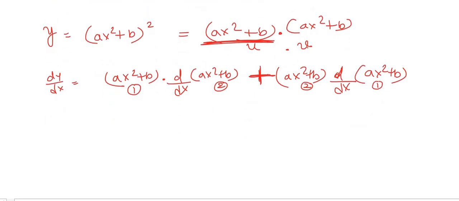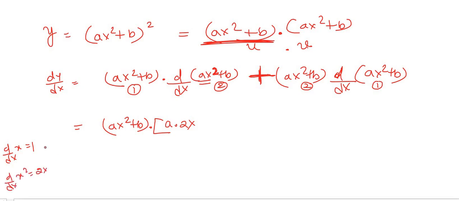So let's differentiate it. It will be (ax square plus b) into, what will be the derivative of ax square? So a as it is, correct? What is the derivative of x square? 2x. Always remember d by dx of x is always 1 and d by dx of x square is 2x. This will be very handy, so it's better to memorize that the derivative of x square is 2x.